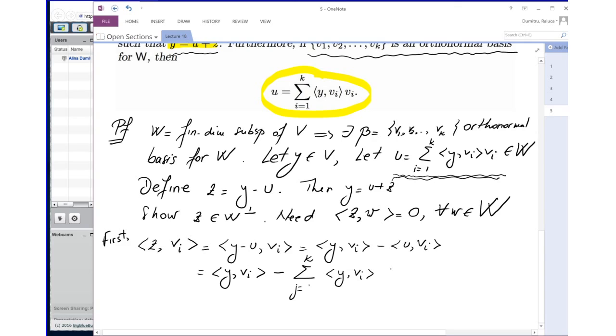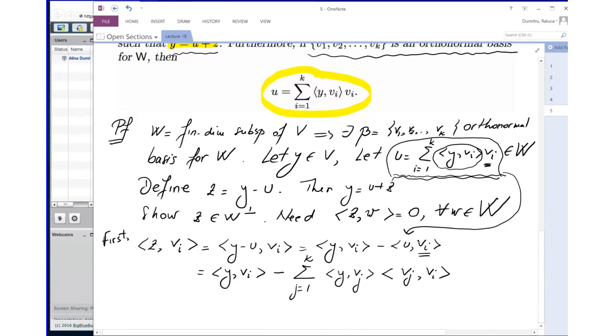Say j: y inner product with Vj, and then that will be Vj inner product with this Vi. Make sense what I did? I took this entire sum, replaced it in here, and then distributed according to the sum and those scalars which I pulled out. Okay, so it turns into this.